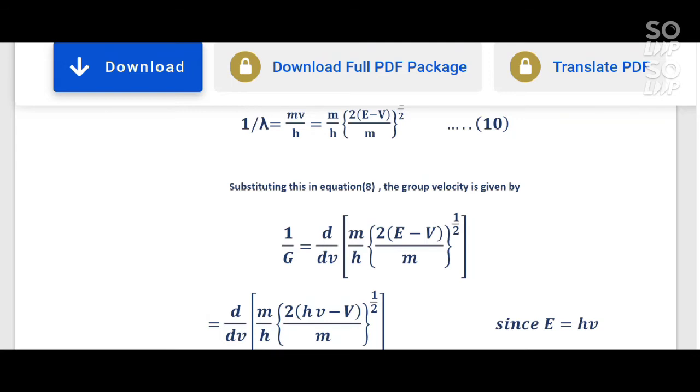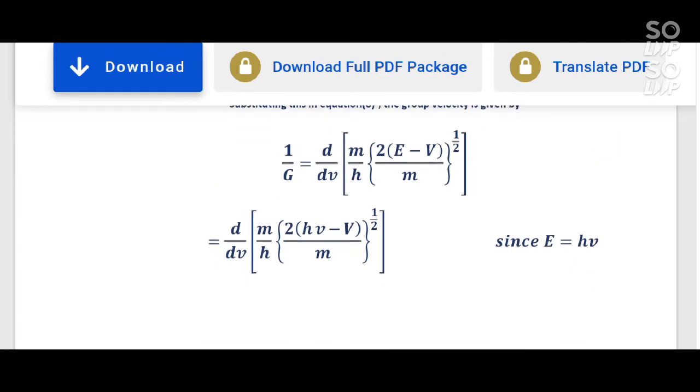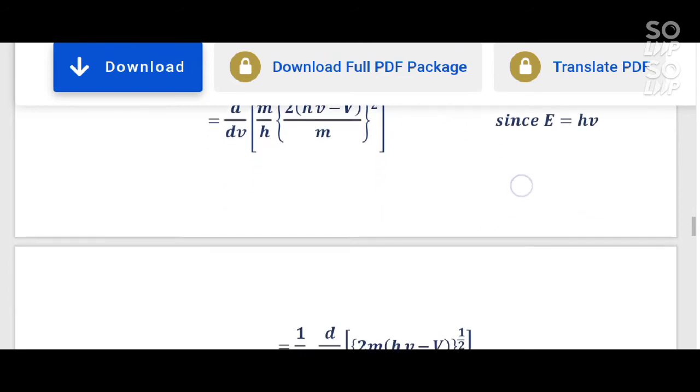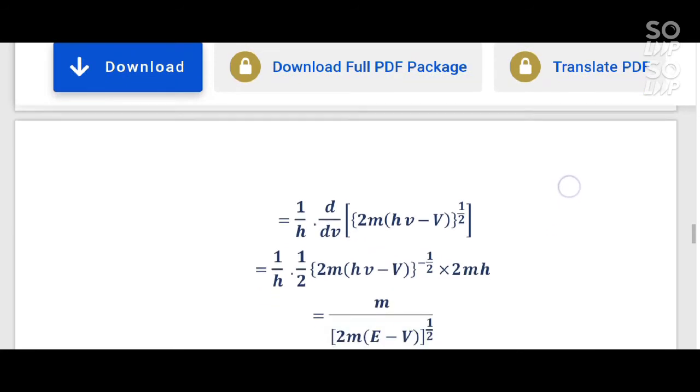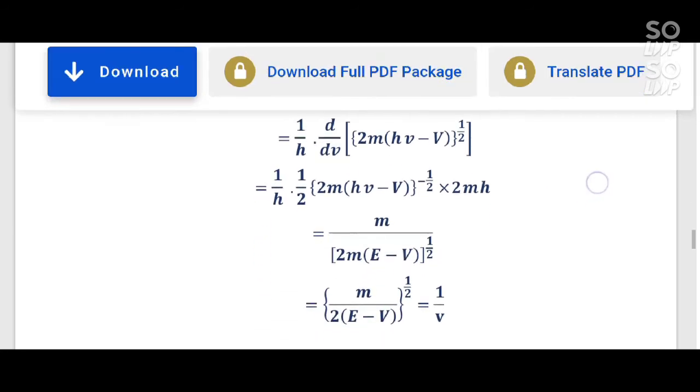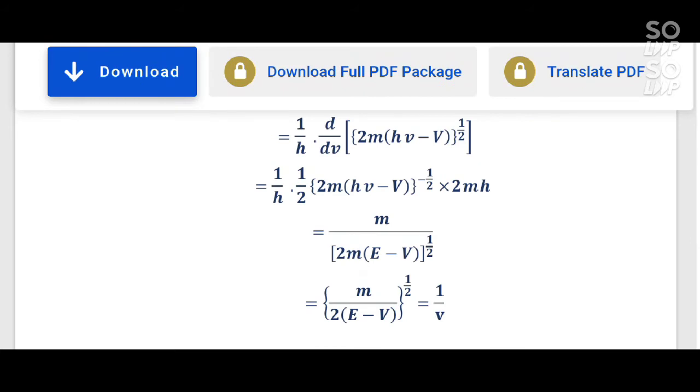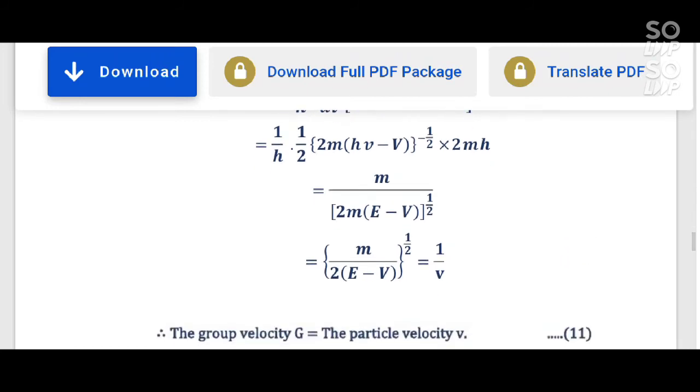So if we put the value of E is equal to h nu and solve this equation, finally we will get 1 by g is equal to 1 by v. We finally come to the conclusion that the group velocity g is equal to the particle velocity v, and it is equation 11. Thus a material particle in motion is equal to a group of waves or a wave packet.